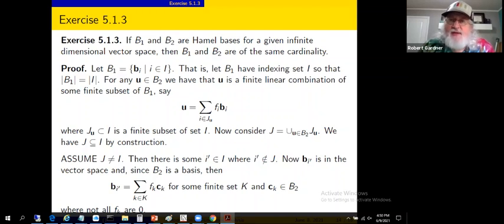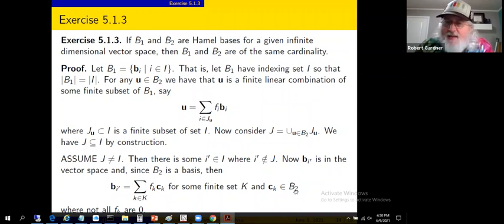You can't have the 0 vector in a basis. It messes up linear independence. So set K itself is also a finite set. All right, so we've got b sub i prime written in terms of these c sub k's. There's just a finite number of those c sub k's. The c sub k's are in B sub 2.